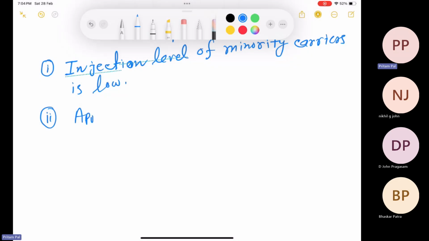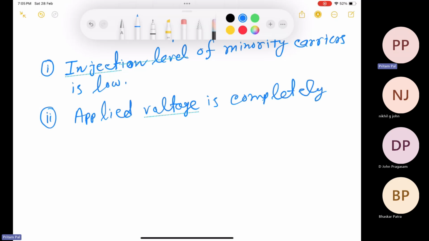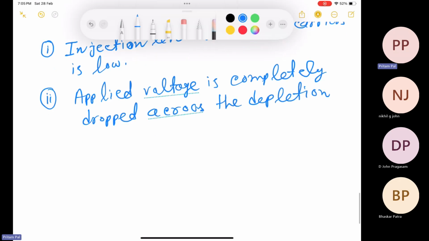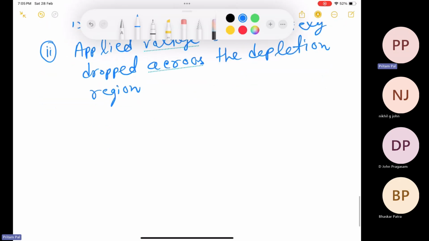Then the applied voltage is completely dropped across the depletion region. These understandings are very important whenever you do problem solving.